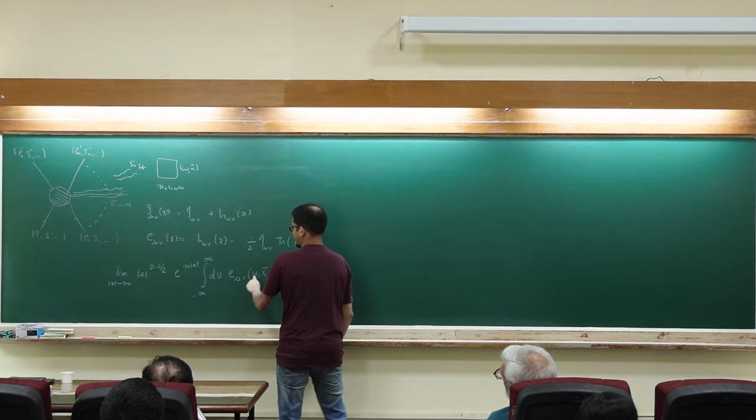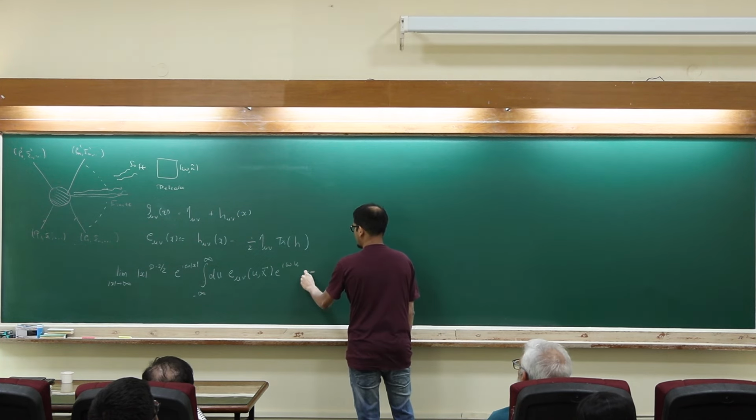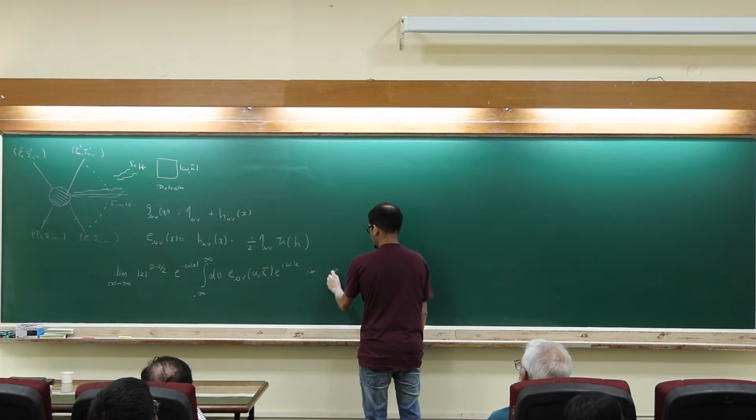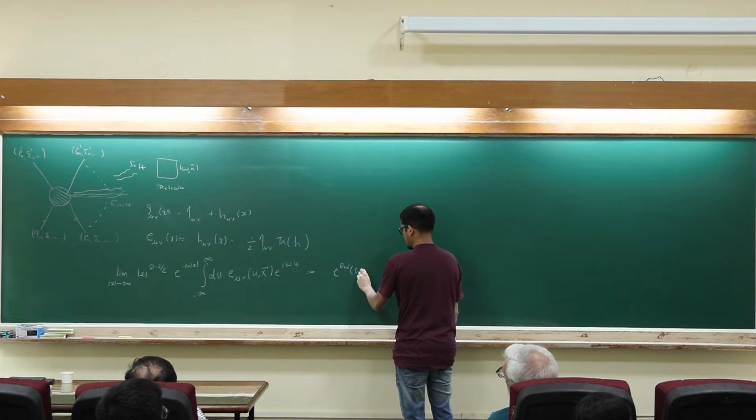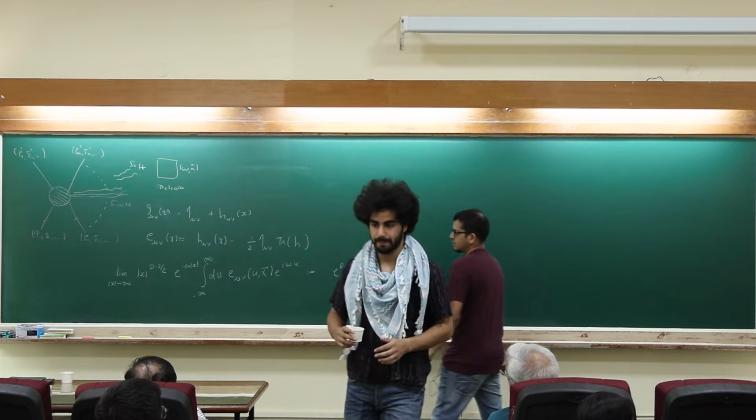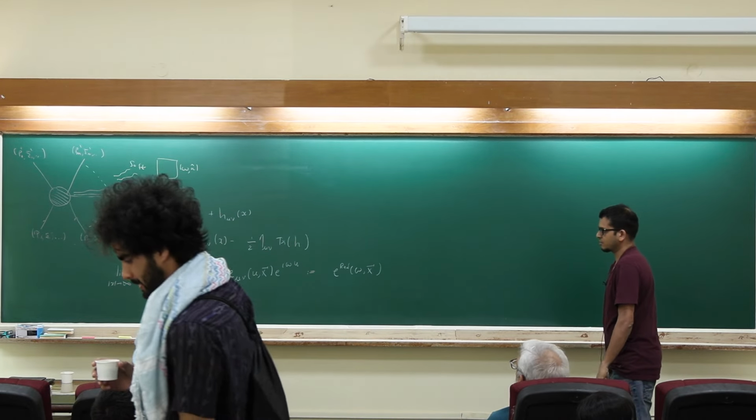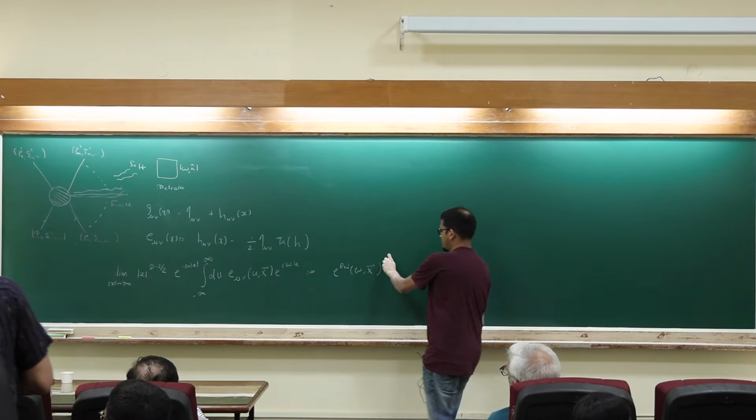Okay, that's the object of our interest, and this object is what we will call E radiative of omega, x. I have slightly paraphrased one formula I wrote last time.